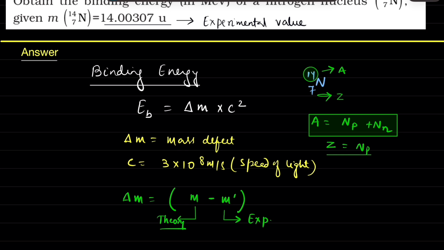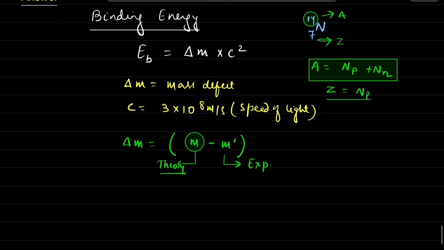So we have to find this m value first, because m dash is already given in the question. This is our m dash value. So how to find this m value, or the theoretical value of the nucleus? For that, we need to first find the number of protons and neutrons. With respect to Z, its value is 7 and it is equal to Np.